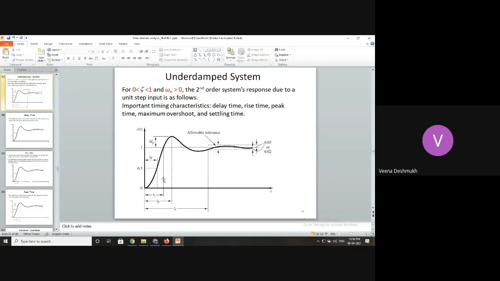In the transient phase, your rise time, that is TR, is the time taken to attain 63% of its final steady state value. And then you come across one more term, the maximum overshoot or the peak overshoot. The time taken to attain this maximum overshoot is known as peak time, usually represented as TP, suffix P.